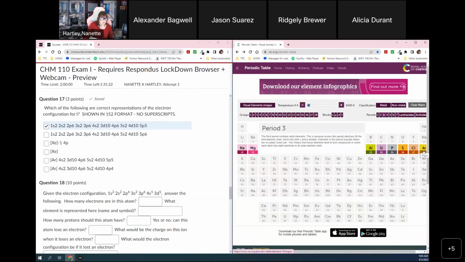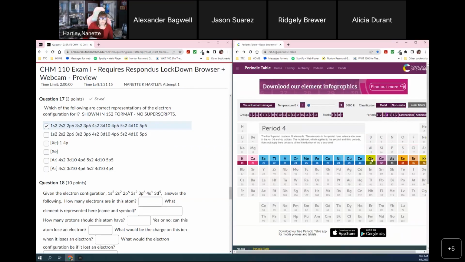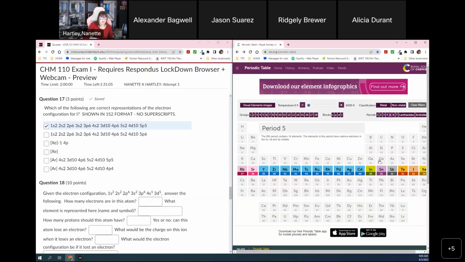So if we're talking about argon's core, and then what's beyond that, that's going to be 4s2, 3d10, 4p6, and then my 5s2, 4d10, and then it's a 5p5, not a 4p4. This is incorrect. So this one and this one are both correct. Technically, both of those should have been selected, but if you got one of them, that was fine.